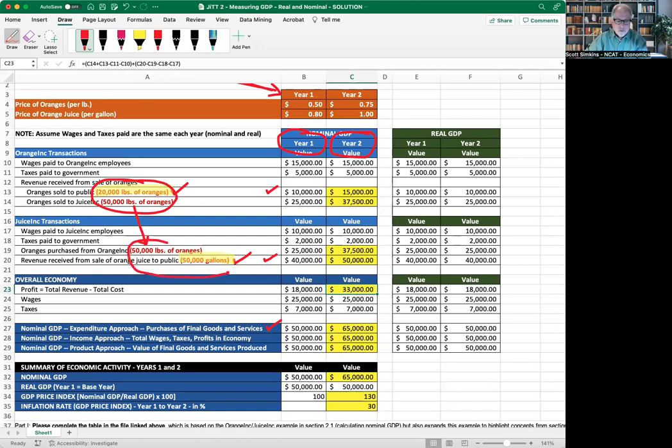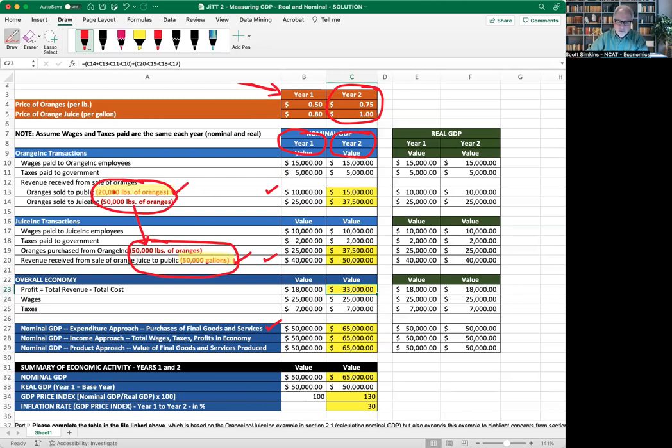The quantities aren't changing. That's going to be critical when we get over to real GDP. But what is changing is the prices. Prices of oranges go from 50 cents to 75 cents. Price of orange juice per gallon goes from 80 cents to $1 a gallon.